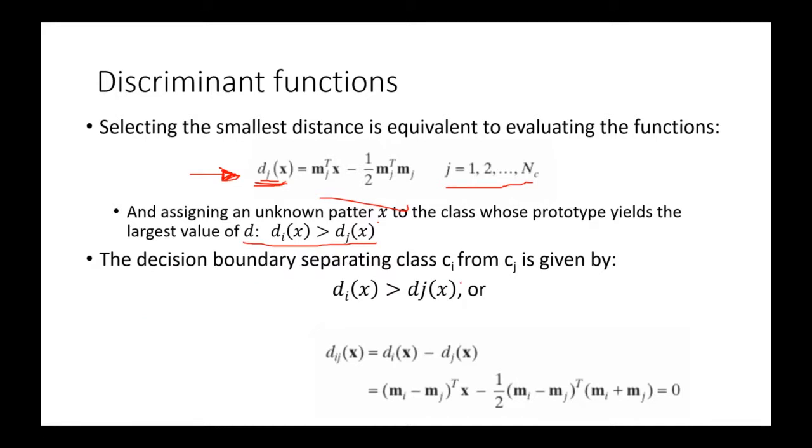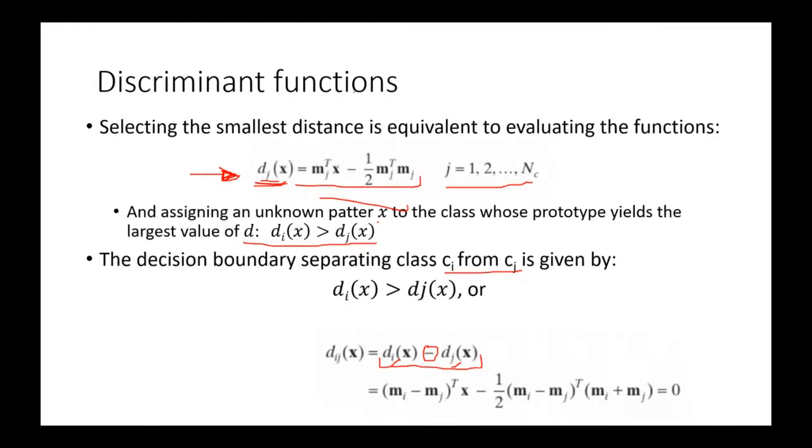Then what we want to get is the decision boundary separating these two classes, right? The decision boundary is nothing more than taking these D functions representing class i and class j. The distance between them is going to be the difference between these, right?